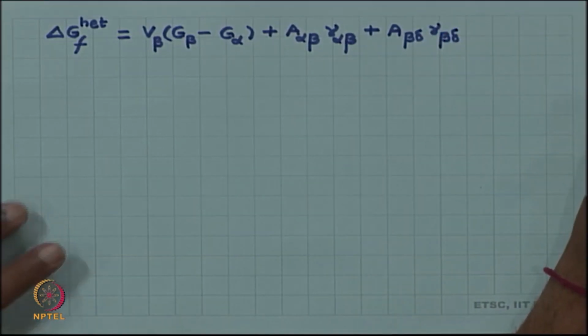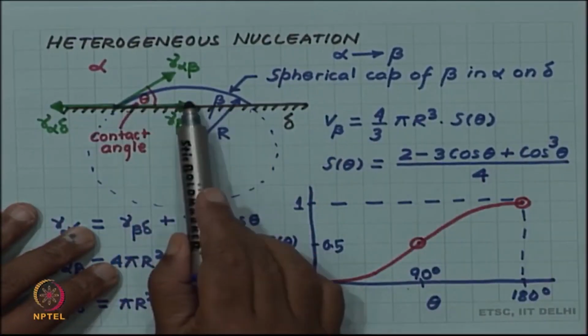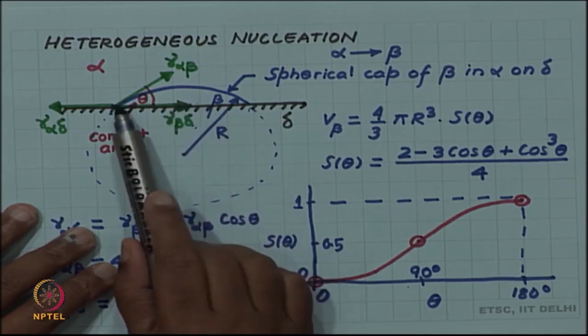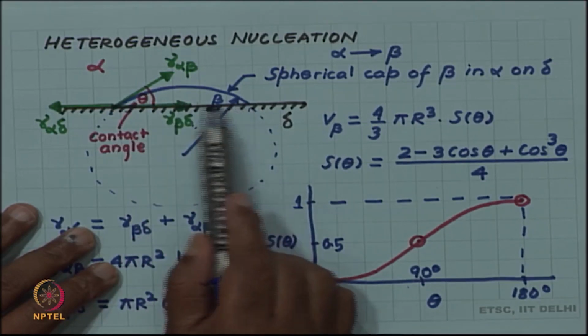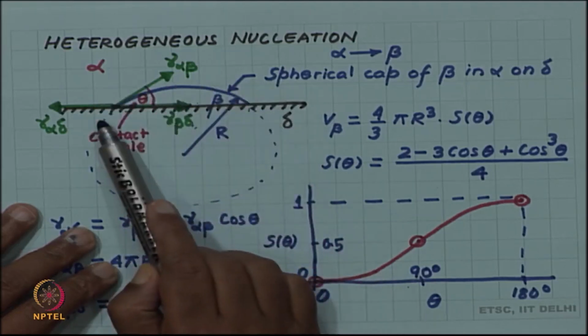But then, recall that when we created this beta delta surface due to nucleation, before nucleation this same surface was alpha delta, because alpha was filling this entire space.